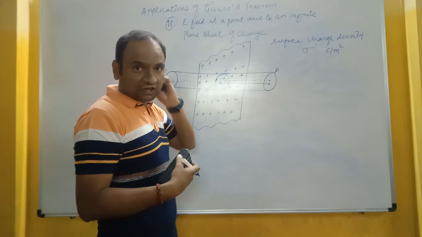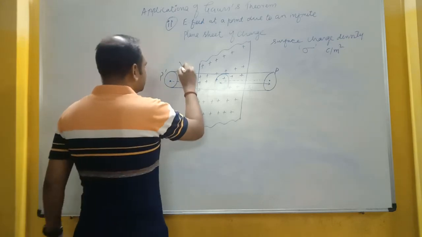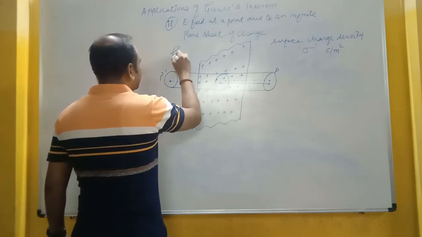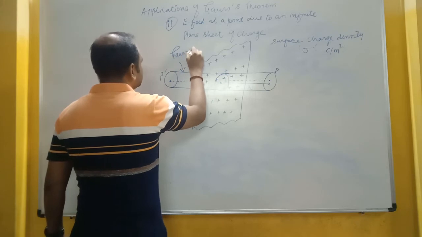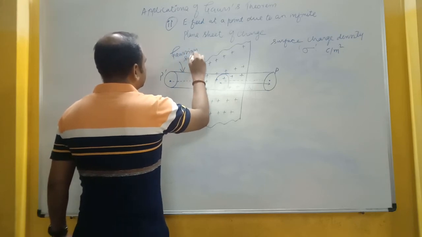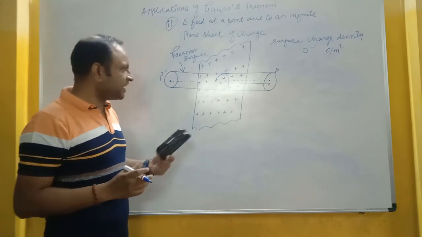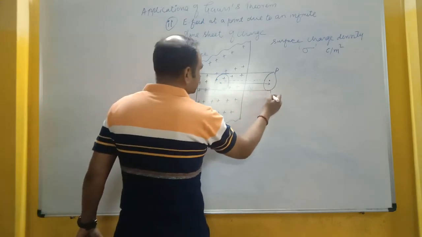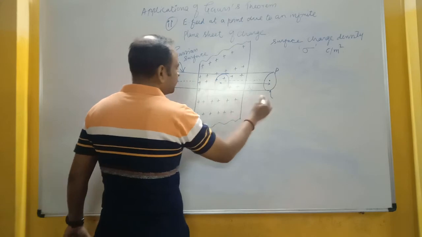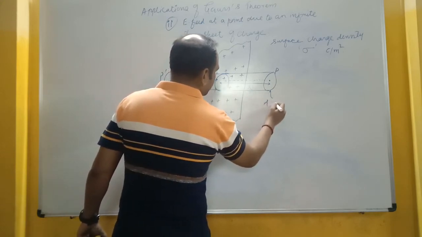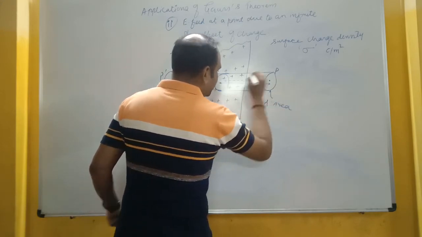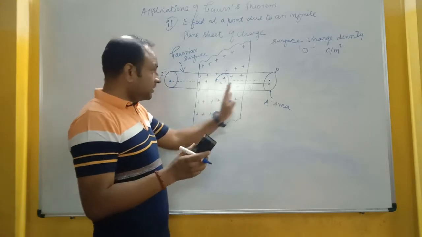This cylinder becomes my Gaussian surface. If I assume these circles 1, 2 and 3 have area A, so A is the plane area.